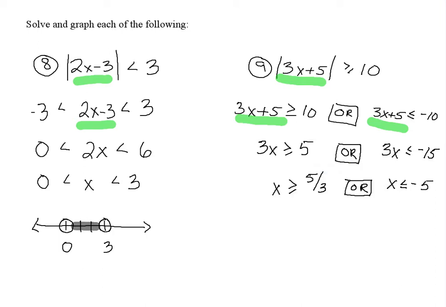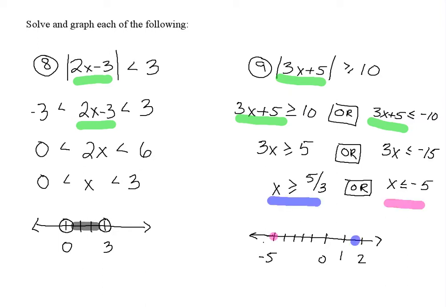Now again, when we go to graph this, we'll have to pay attention to the inequality symbol as well as what direction we want to shade. Because of the inequality symbol, I'm going to put a solid dot on both 5/3 and negative 5. Now 5/3 is really close to 2 because if it were 6/3, then x would be 2. But since it's 5/3, it's just going to be a little less than that. So let's go ahead and put our dots on the graph.